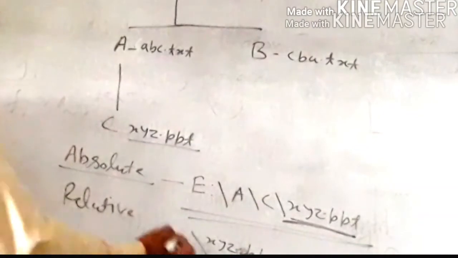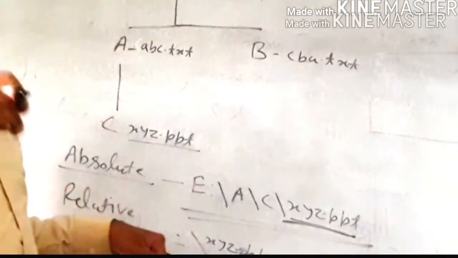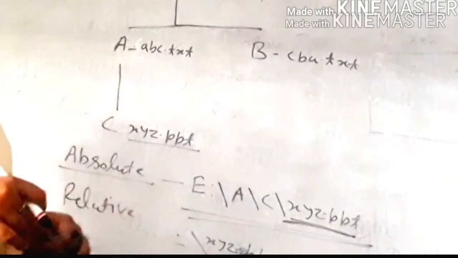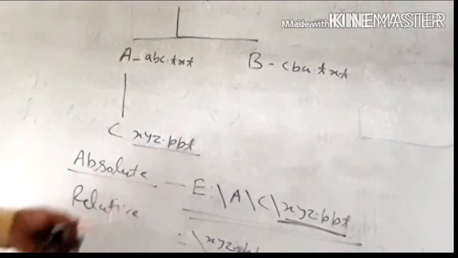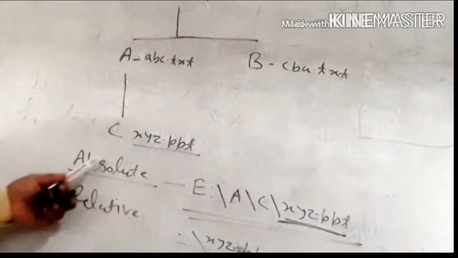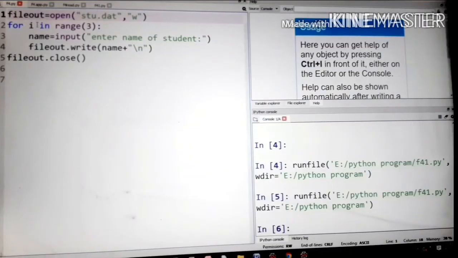That is the difference between single and double: single indicates the current location of the file, and double dot shows the parent location. This is a very simple example through which you can identify the difference between absolute and relative.